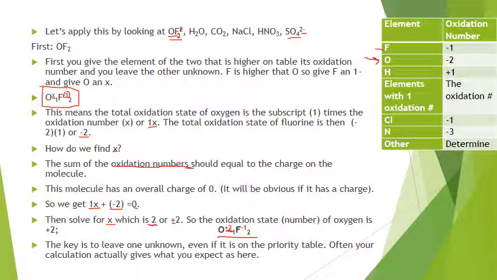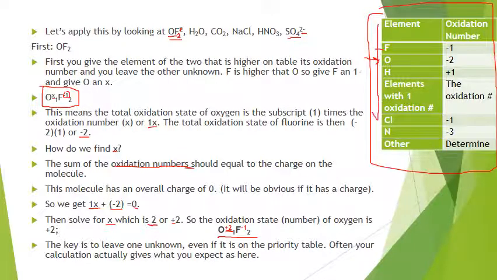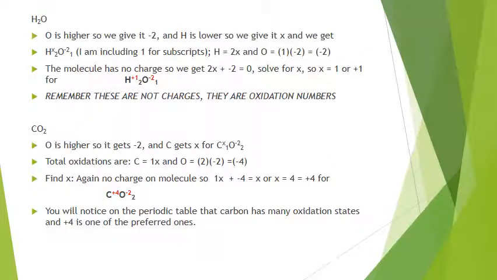And sometimes it actually gives you the number to expect, but not in this case. And that helps. Okay, so we're going to be using this table in the next few. I'm not going to carry it over to the next slide, so you can maybe write it down for yourself and see what I'm doing here. So let's go to water.